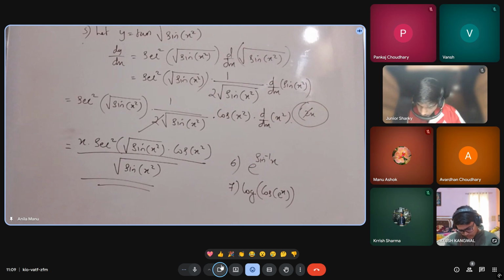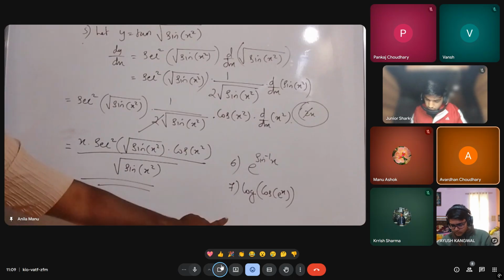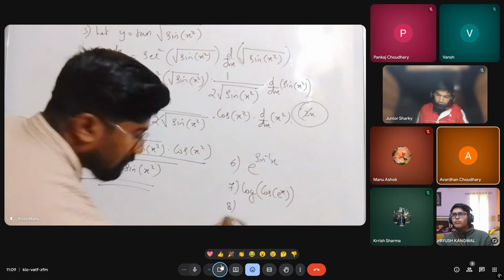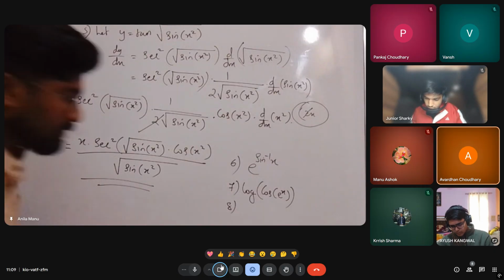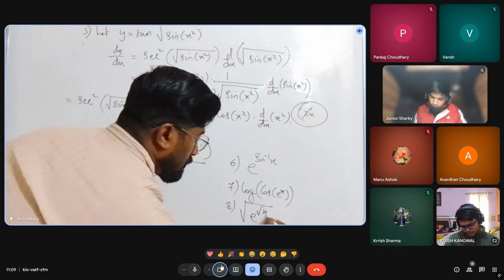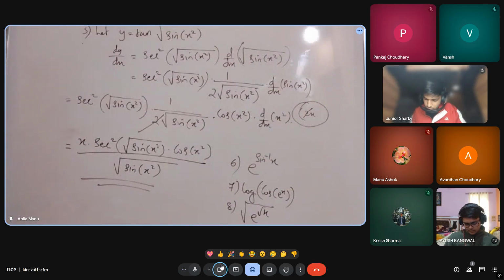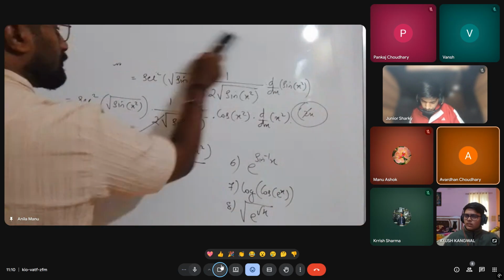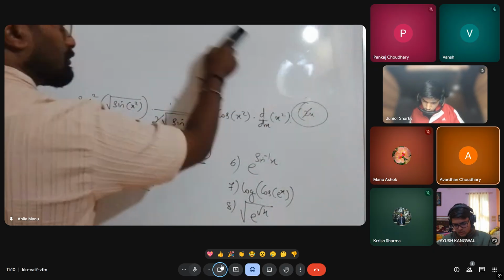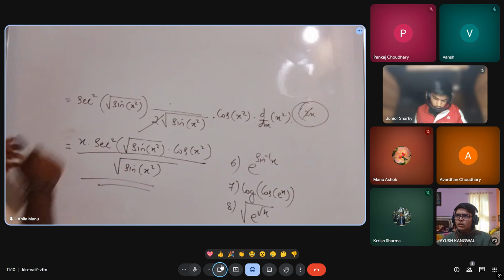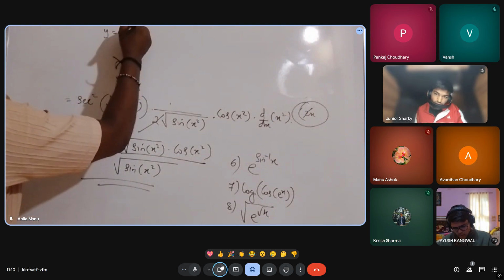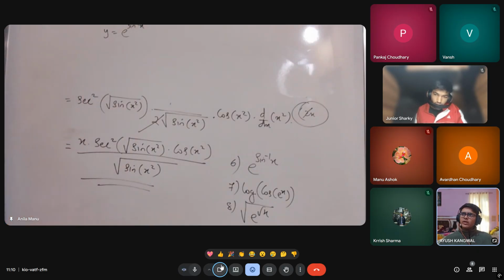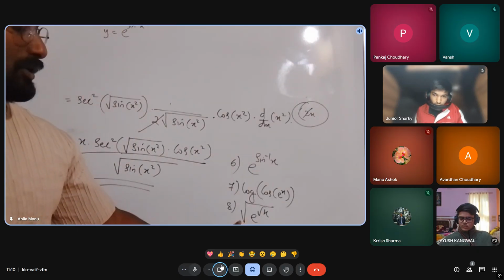Sine inverse. Square root of e raised to root x.